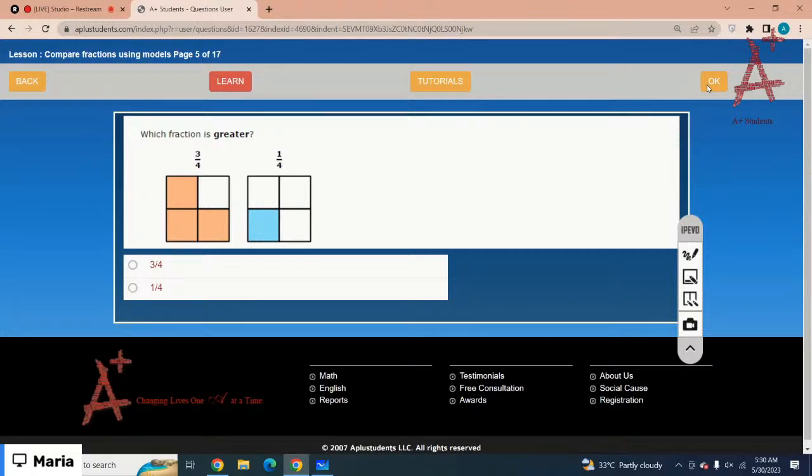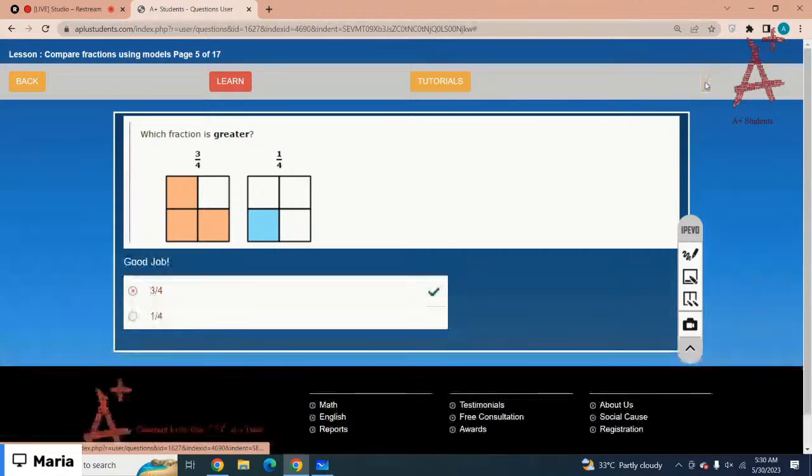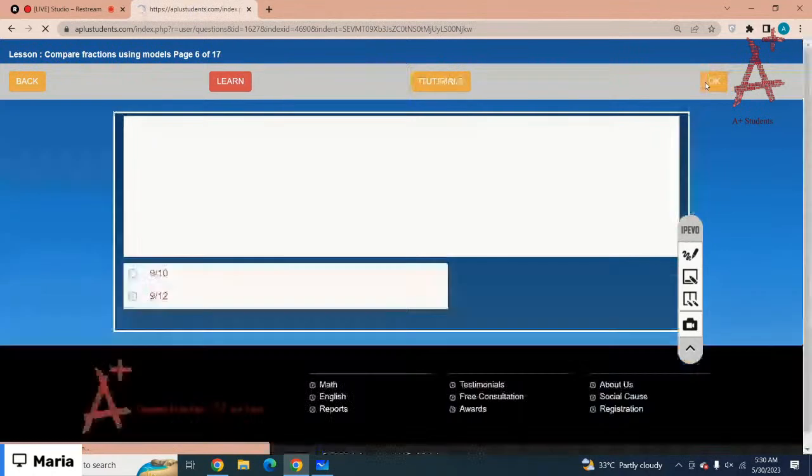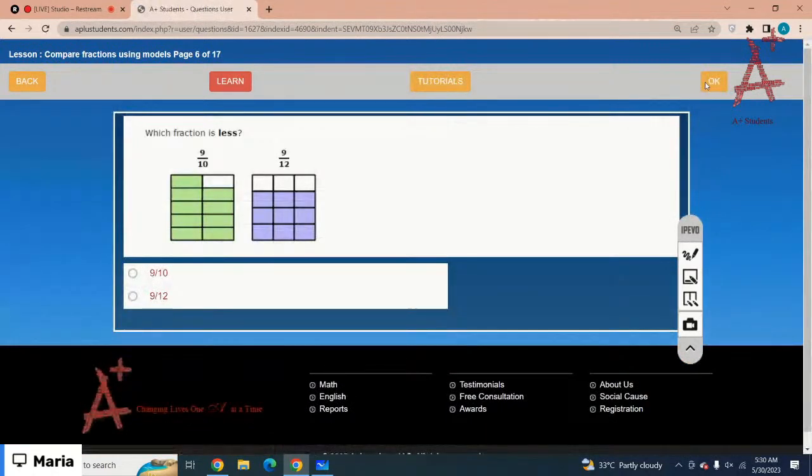Yes, 3 by 4 is greater than 1 over 4. Okay, which fraction is less, 9 by 10, 9 by 12?